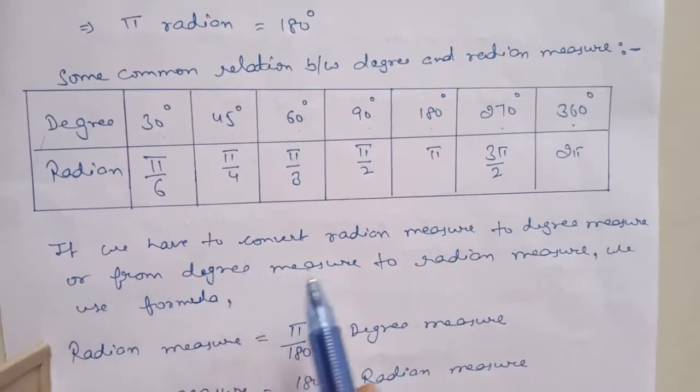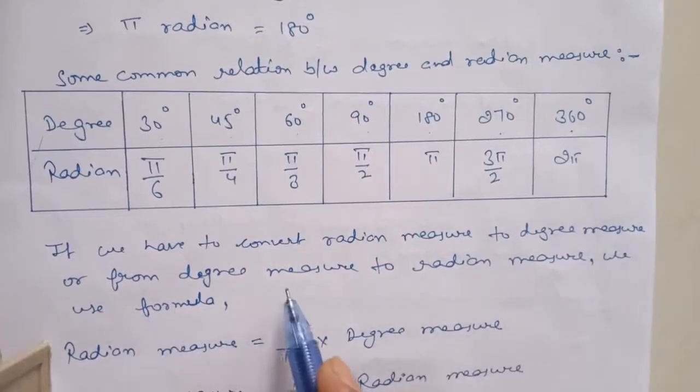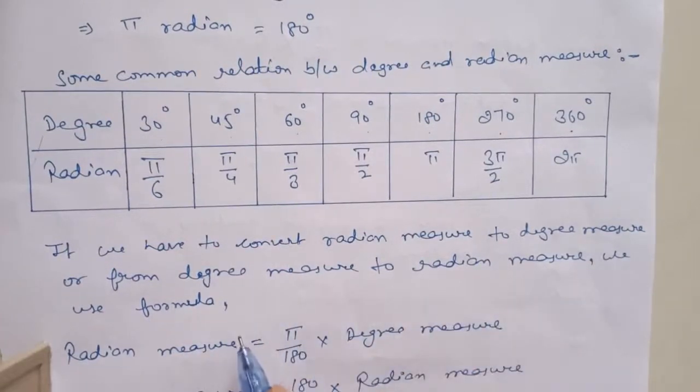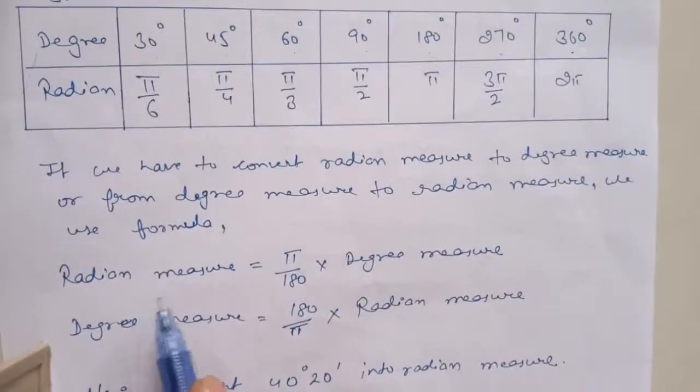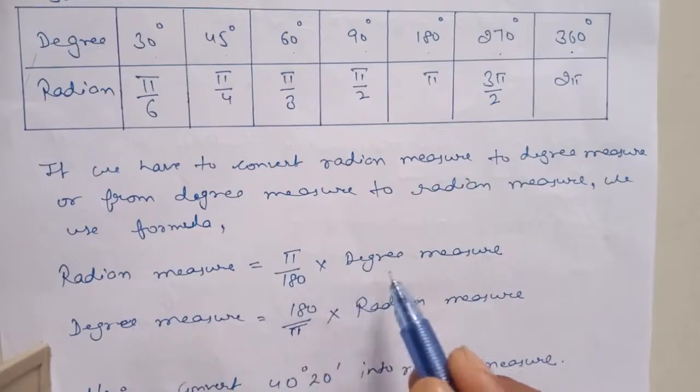If we have to convert degree measure to radian measure or radian measure to degree measure, we use formulas. Radian measure is equal to pi upon 180 into degree measure.